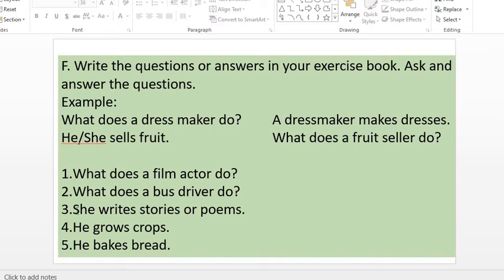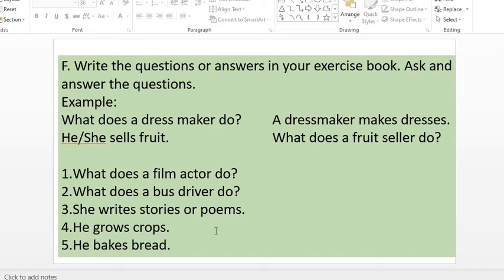Okay. Now number 3. She writes stories or poems. She or he who writes stories and poems is a writer. He grows crops.